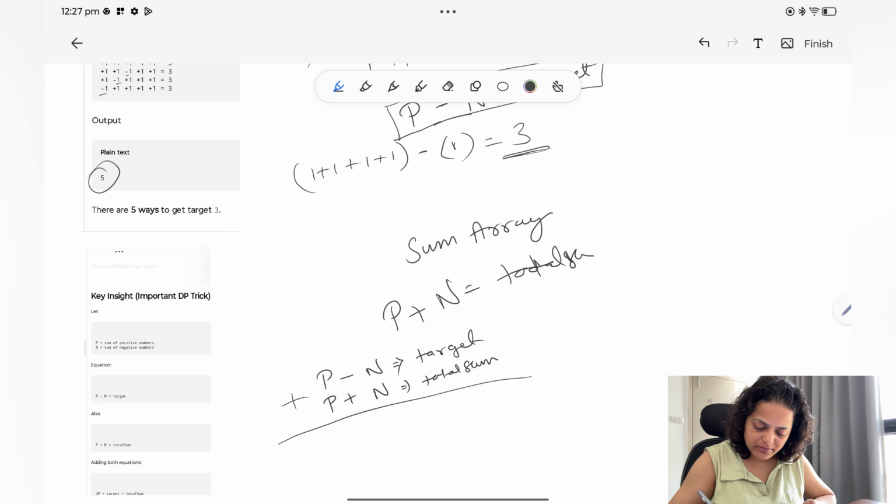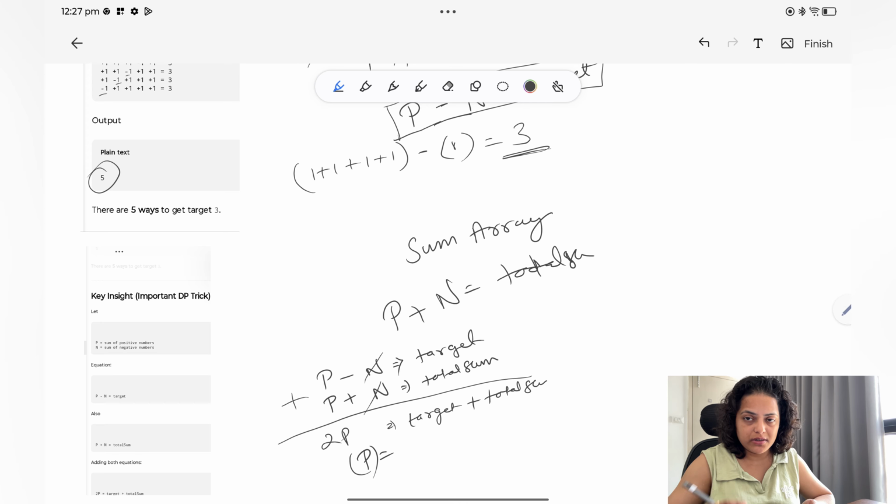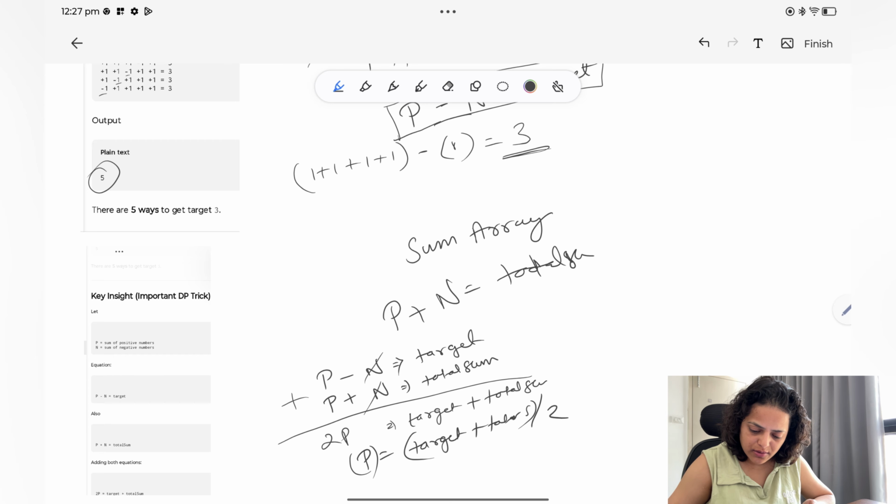If I add these two equations, this one will be 2p, the n terms cancel out, and here it will be target plus total sum. So the sum of the positive numbers will be (target plus total sum) divided by 2. Don't you think this is the problem?